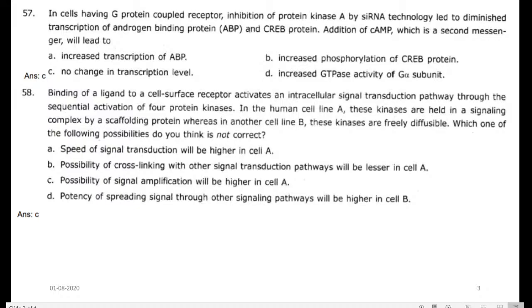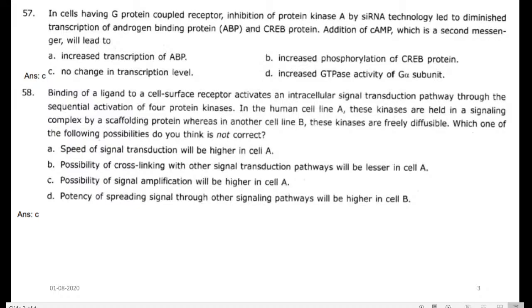This is the water soluble hormone signaling pathway. Question number 57 is fully about the water soluble hormone signaling pathway. Whenever you are studying signaling, we have two different pathways: one is the water soluble hormone pathway, and the other is the lipid soluble hormone pathway.